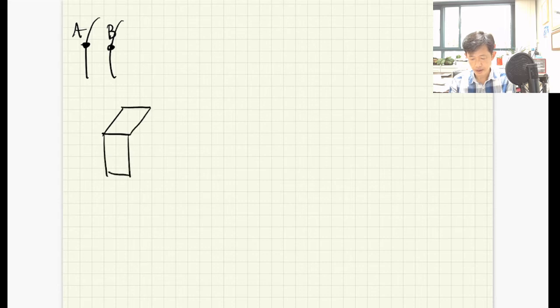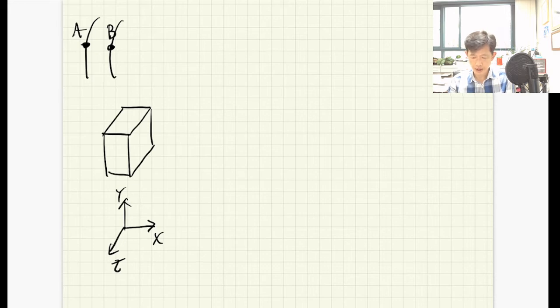So here, what I want to do is consider these two different points, point A and point B. So let's consider point A first. Point A here, and I want to use this coordinate system, x, y, and z directions.